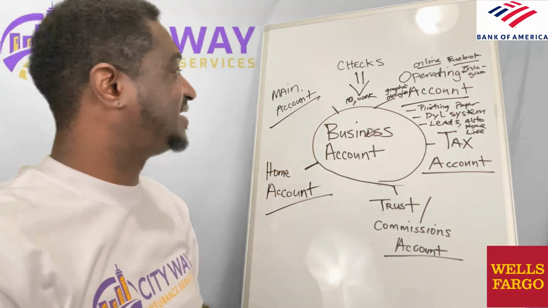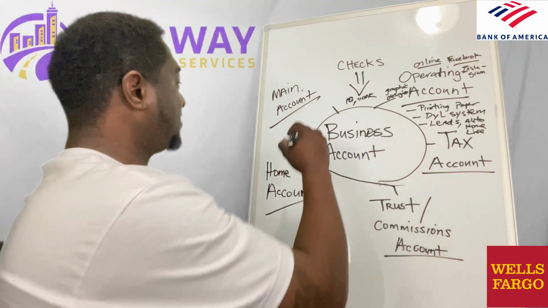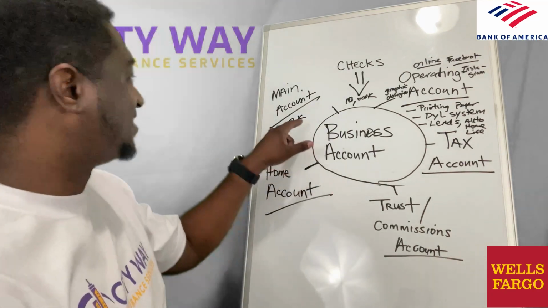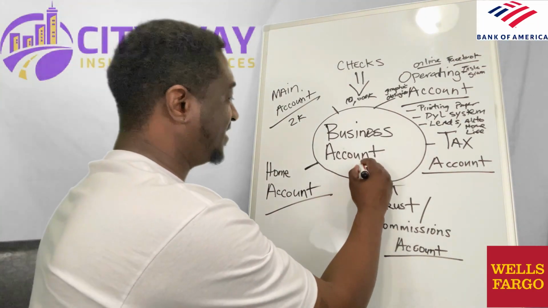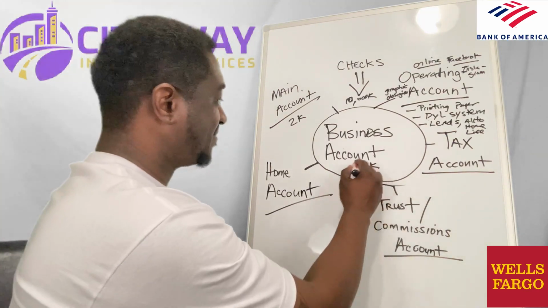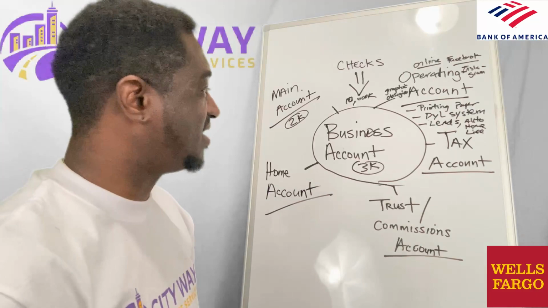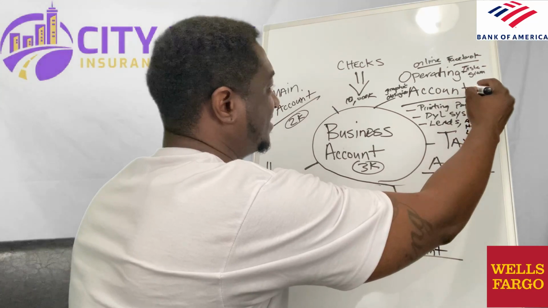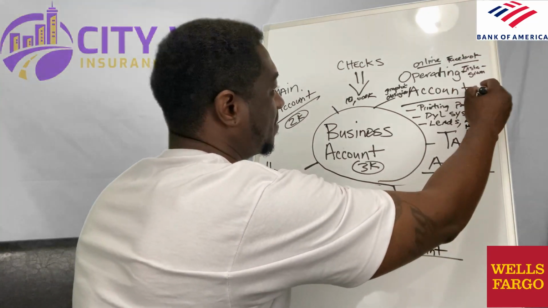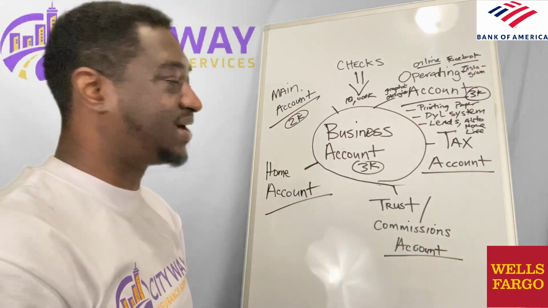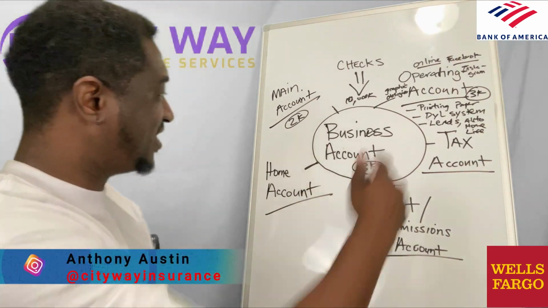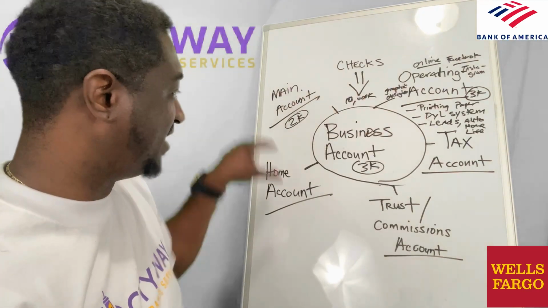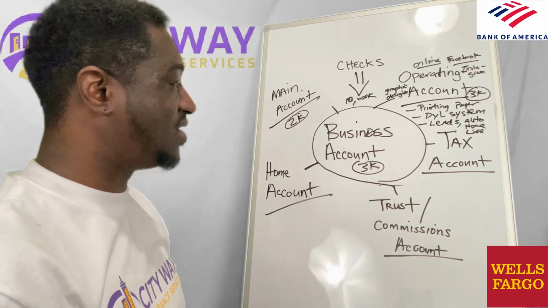Now we have that $10,000 check, and we want to make sure that we put, let's just say, $2,000 into the main account, and then we put another $3,000 in the business account, and then another $3,000 in the operating account. That is the proper way to stay organized, like the big business companies. When they have accounts, they set it up so they know what's being allocated, where their money is going.